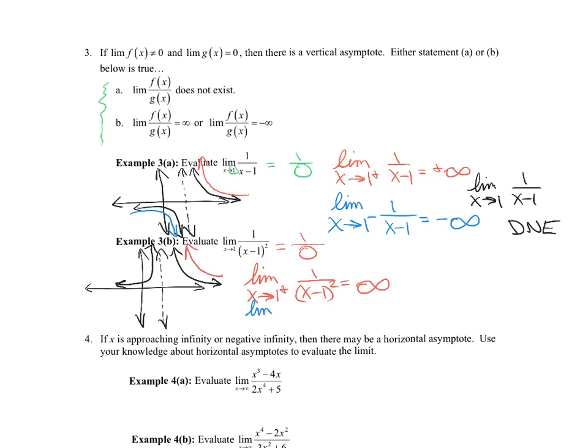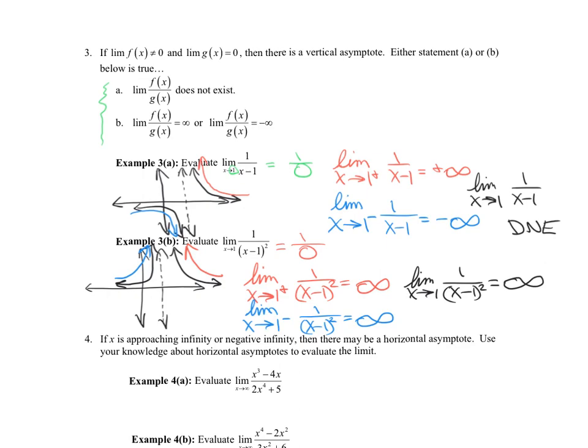And the limit as x approaches 1 from the left side of the graph is also positive infinity. Since the answer coming from the left matches the answer coming from the right, we say that the limit as x approaches 1 of the entire expression is positive infinity.